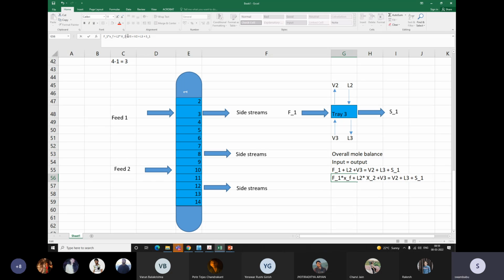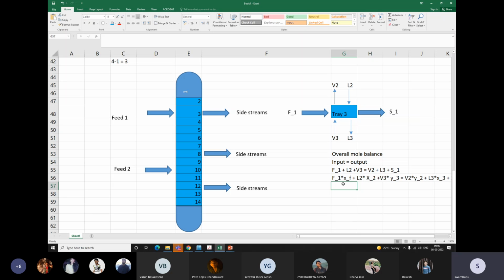And V3 is Y3 because vapor is denoted with Y, Y3. Similarly, V2 is vapor, so denoted with Y2, Y2. L3 is denoted with X3. And S1 is again liquid, so XS1. So this is the overall balance.